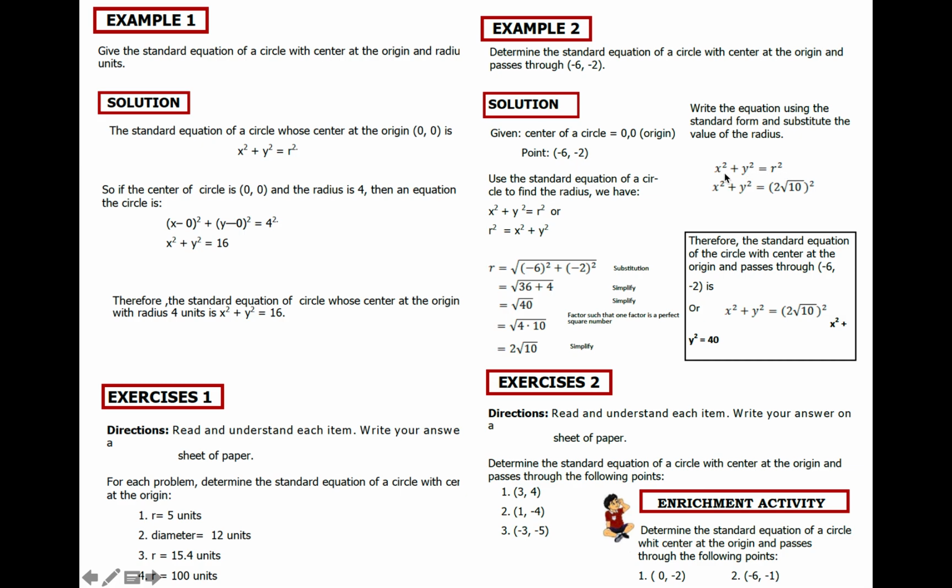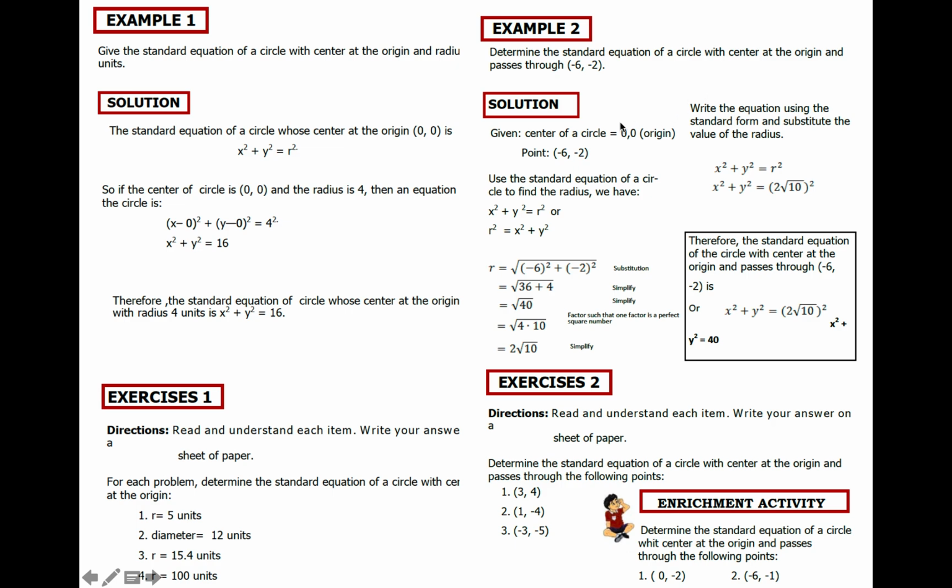So x and y are actually every point on the circle. If the circle is passing through this point, this is your x and this is your y in the standard equation. Since the center is at the origin, your h and k are both zeros.